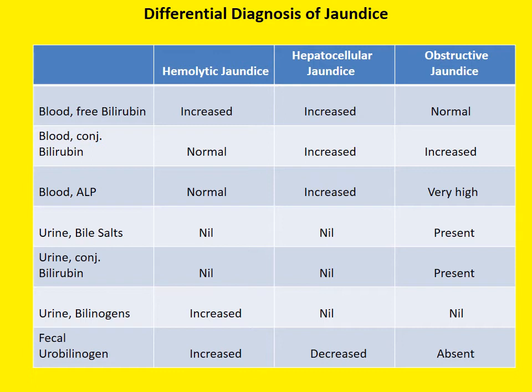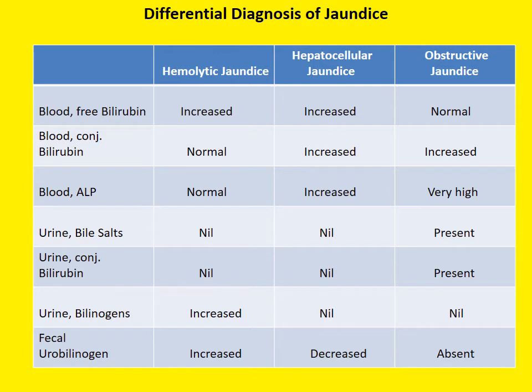Blood free bilirubin: in hemolytic jaundice increased, in hepatocellular jaundice increased, in obstructive jaundice normal. Blood conjugated bilirubin: in hemolytic jaundice normal, in hepatocellular jaundice increased, in obstructive jaundice increased. Blood alkaline phosphatase: in hemolytic jaundice normal, in hepatocellular jaundice increased, in obstructive jaundice very high.